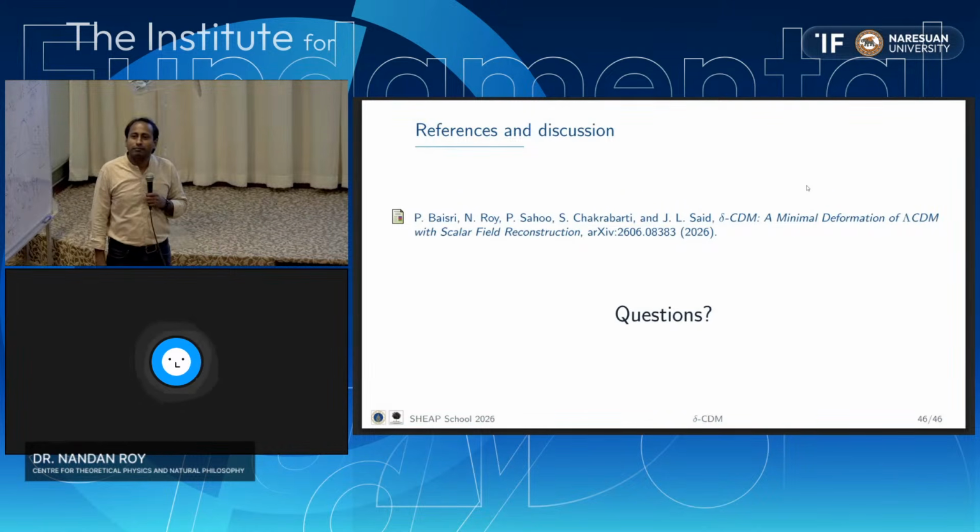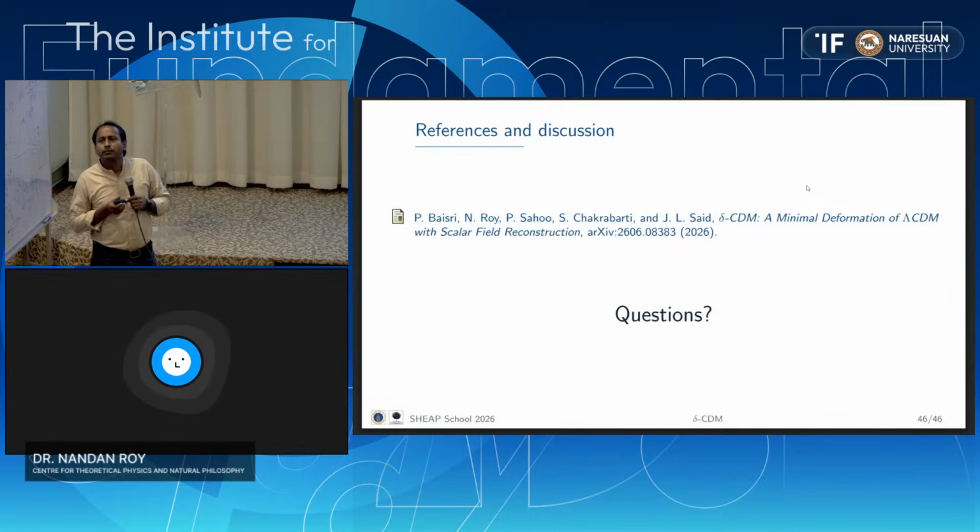Actually, we know there is no fundamental reason to use the Einstein field equation, because it is only tested in the solar system. What is the problem with quadratic gravity?